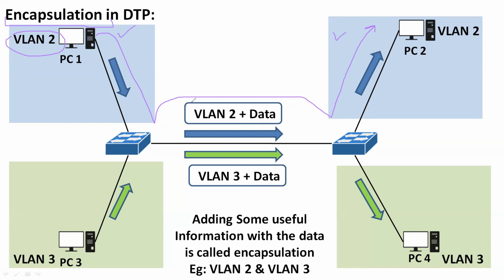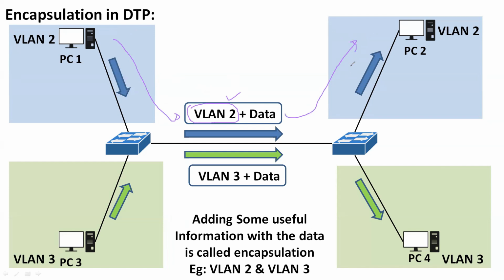It will automatically add an encapsulation, which is additional information, with the data. The meaning of encapsulation is adding some useful information to the existing data. So, with the data, an encapsulation or tagging of VLAN 2 will be automatically added, indicating that this data came from VLAN 2 and must be forwarded to where?